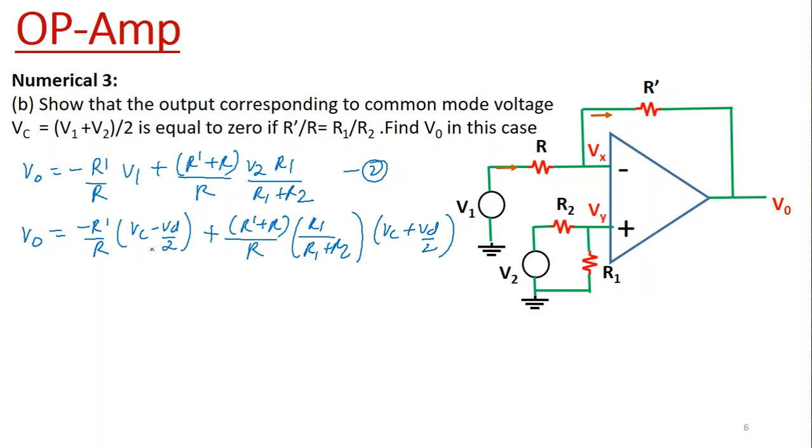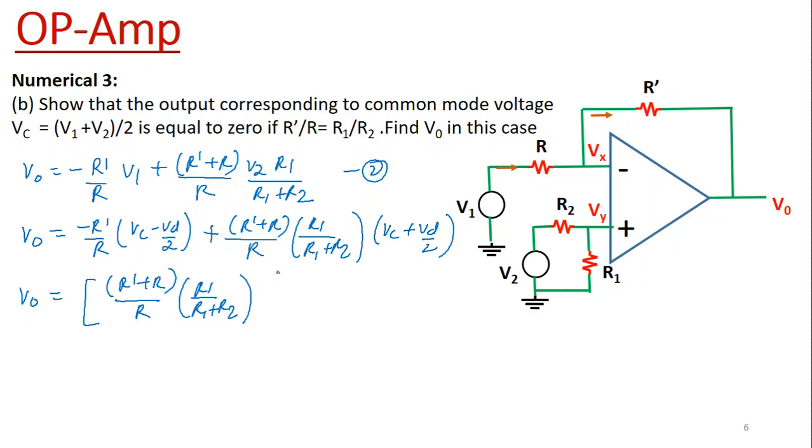Now we separate all the terms of Vc and Vd, making all the terms of Vc and Vd together. So we get V0 is equal to R dash plus R divided by R, then R1 upon R1 plus R2. This is the term we are getting.